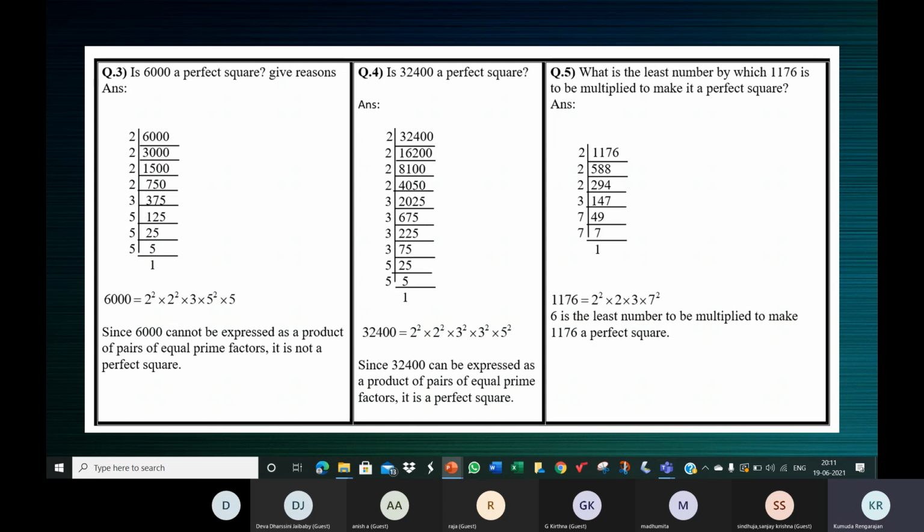Don't announce the answer. Have you completed? Anybody? Ma'am, I've completed the prime factorization, and I'm writing the other steps, ma'am. Okay, Madhumita, is it? Yes, ma'am. I'm waiting for your answer. Share it soon.